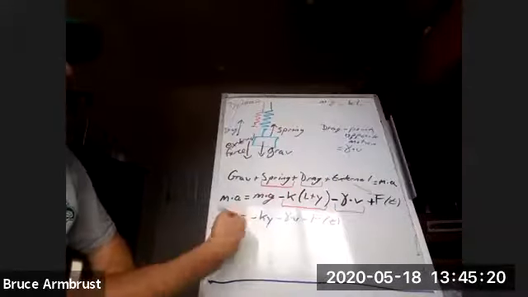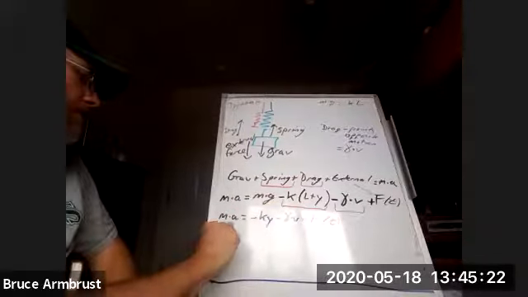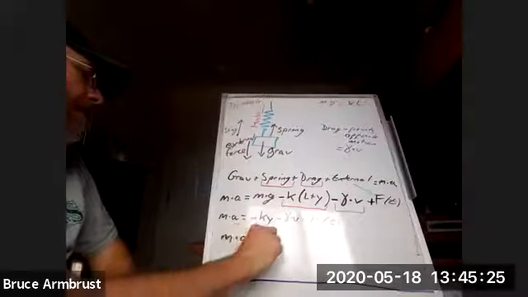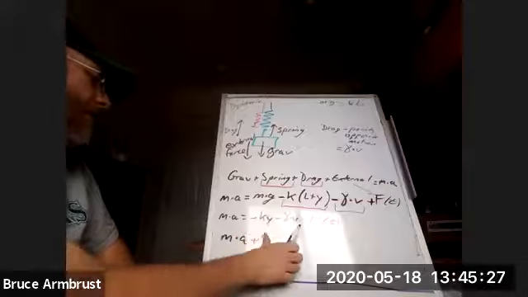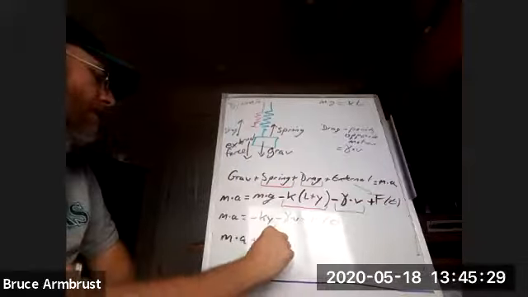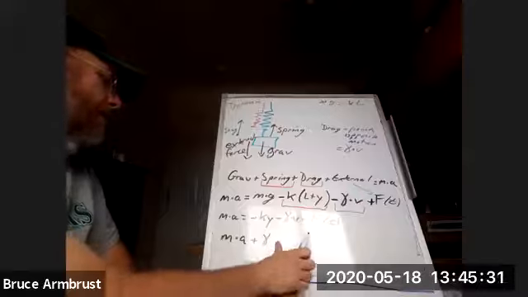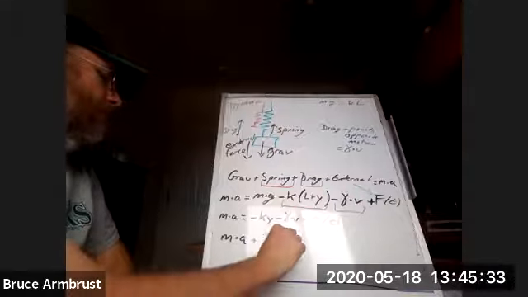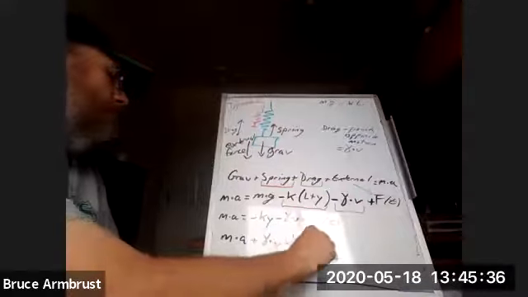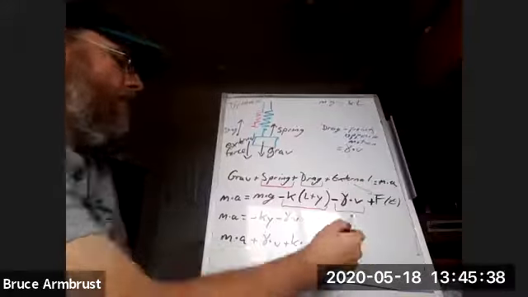I'm going to move everything over but the forcing function. So we get m times a plus gamma times v plus k times y equals that f of t.